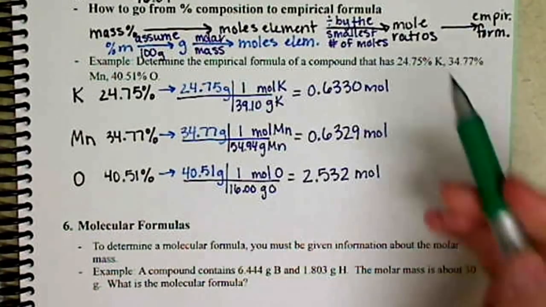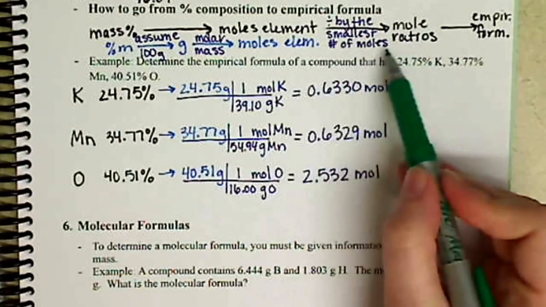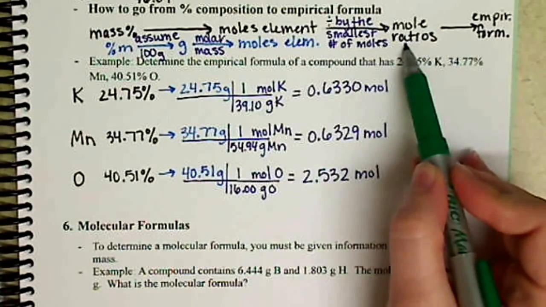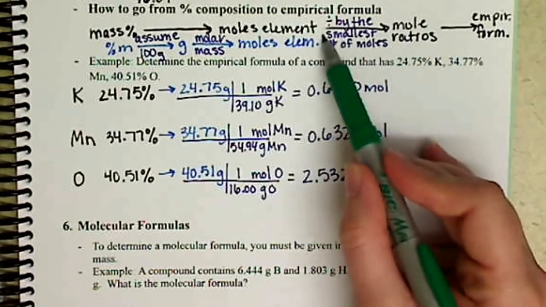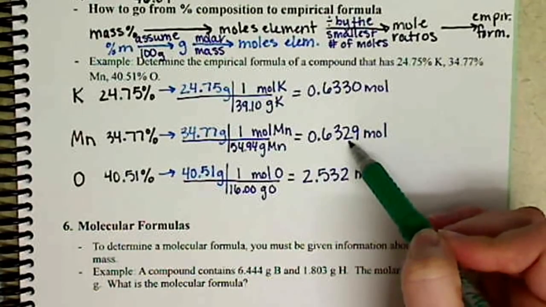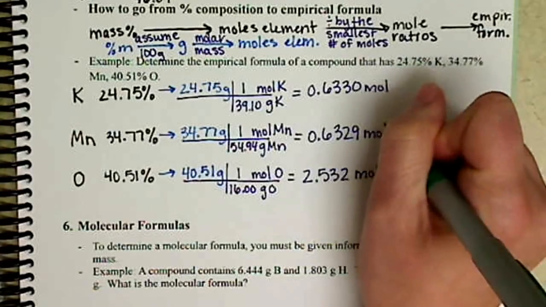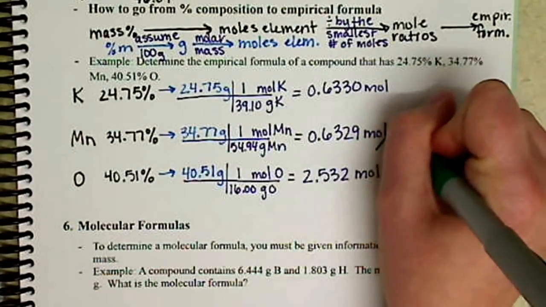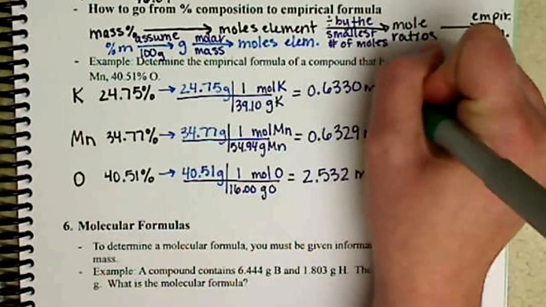So now for our second to last step, we're going to go from moles of our element to our mole ratios. So we're going to divide by the smallest number of moles. Our smallest number comes from manganese. So we're going to divide all of our values by 0.6329.